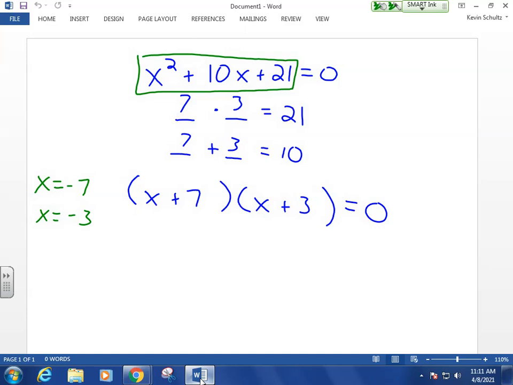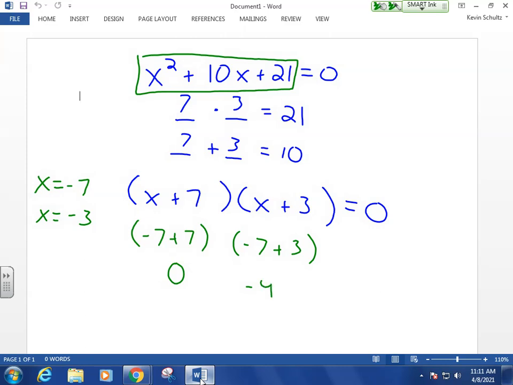So if we plug in negative 7 for x here and get negative 7 plus 7, we get 0. Does it matter that in the second set, when we plug in the negative 7, because we can't make one x negative 7, the other x negative 3 in the same equation at the same time. That's not how variables work. But if we plug in negative 7 for that second x as well, does it matter that we get a negative 4 here?